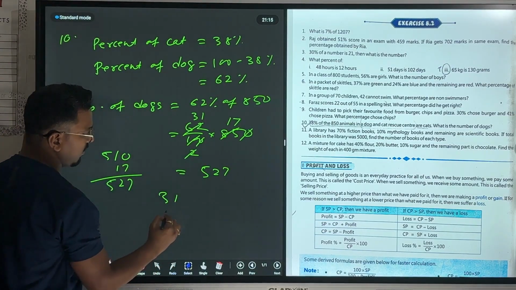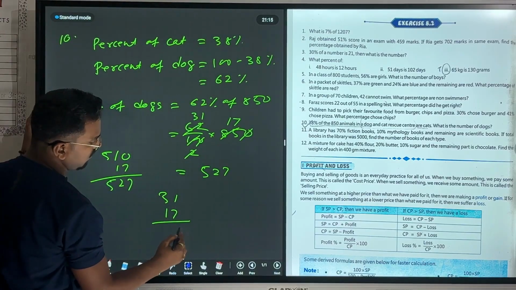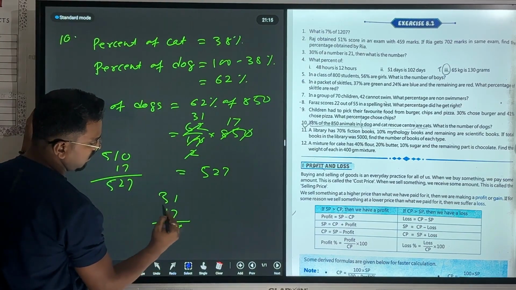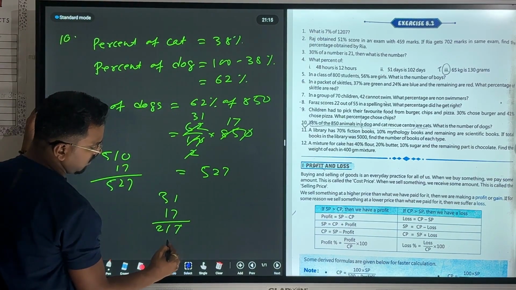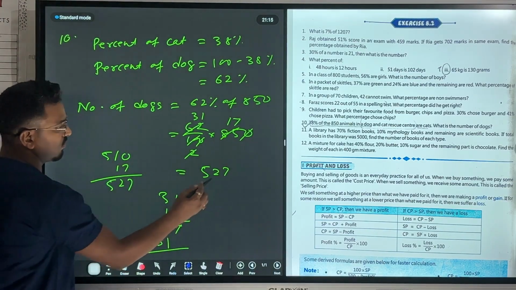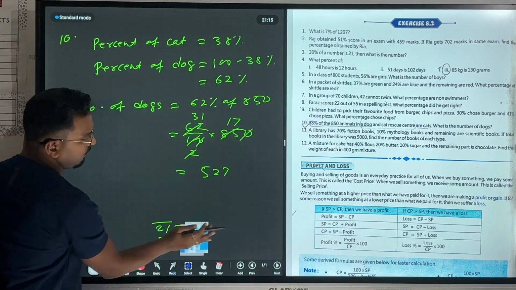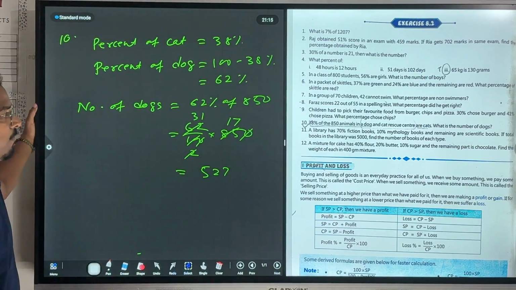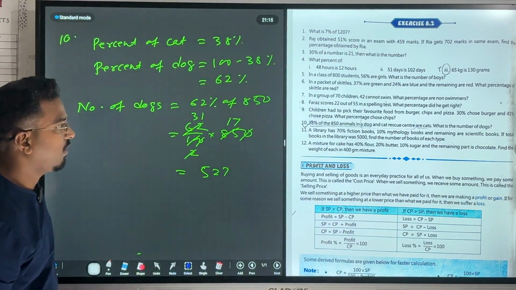See, if you multiply by 17, 17 1 just 7 1 just 7. This is 21. This is 1 3. So 527. So total number of dog is 527.